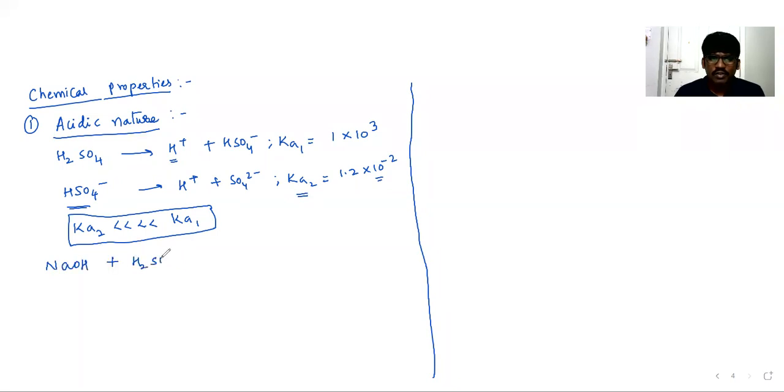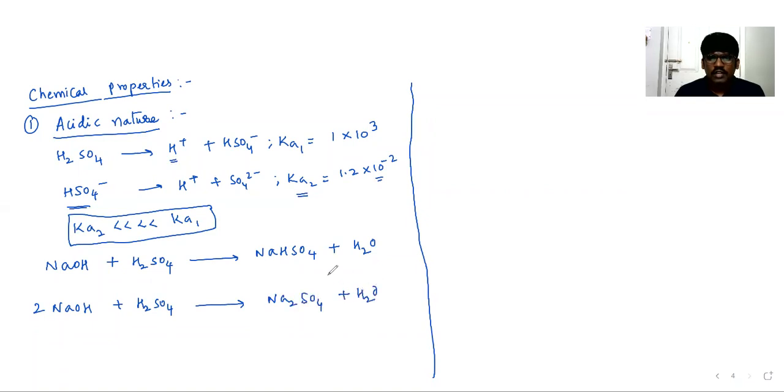NaOH plus H2SO4 forms NaHSO4 and H2O, and with 2 moles of NaOH plus H2SO4, it forms Na2SO4 and H2O. It forms 2 types of salts with bases.